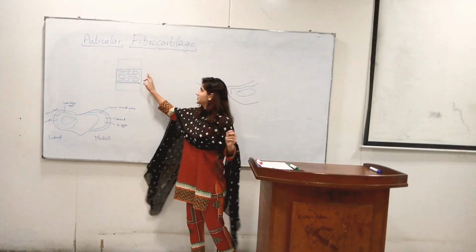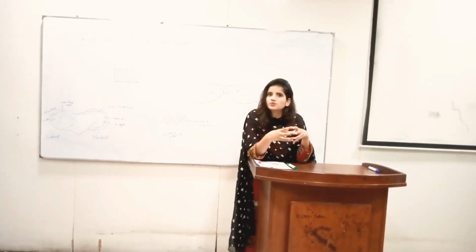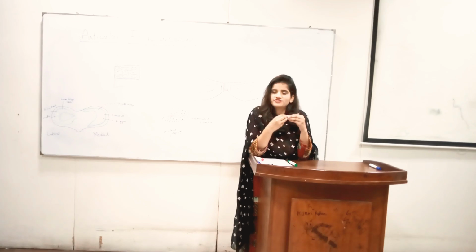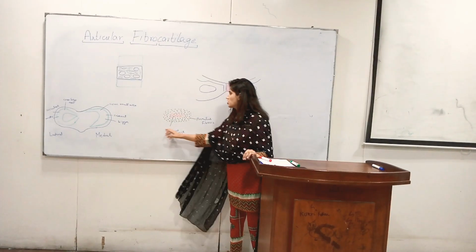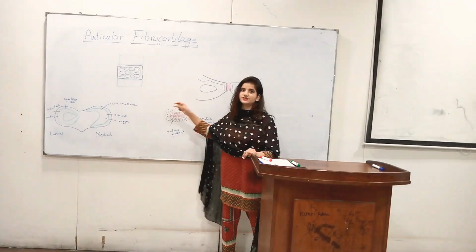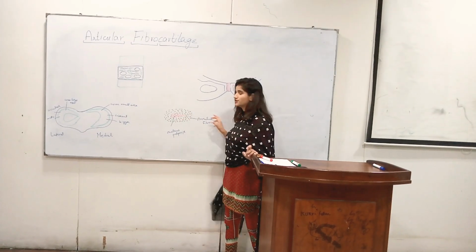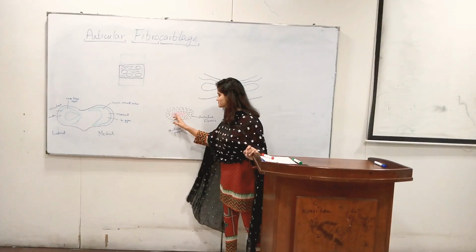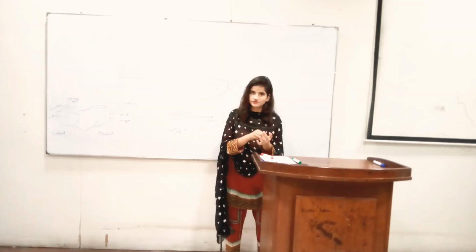Now this intervertebral disc, we should go into detail and we should learn what is the basic structure of that intervertebral disc. This intervertebral disc is drawn in this region. It consists of two parts, nucleus pulposus and annulus fibrosus. This nucleus pulposus is the central gelatinous material which is very soft.